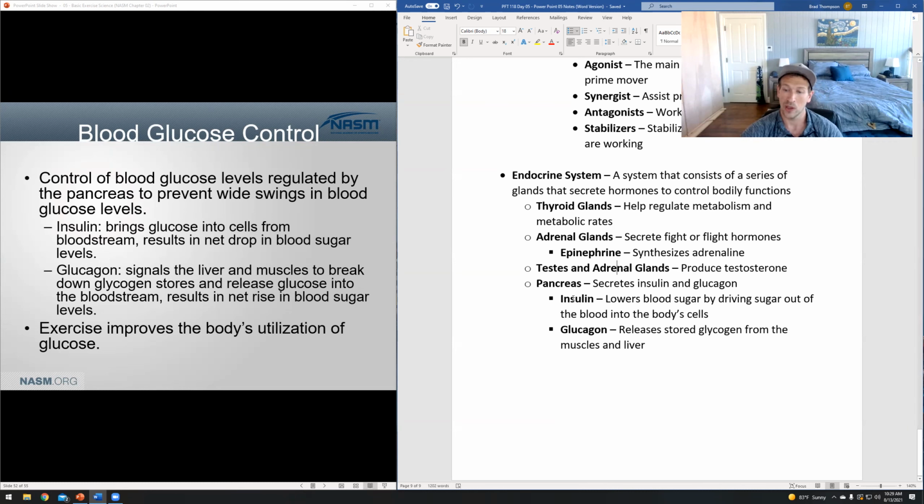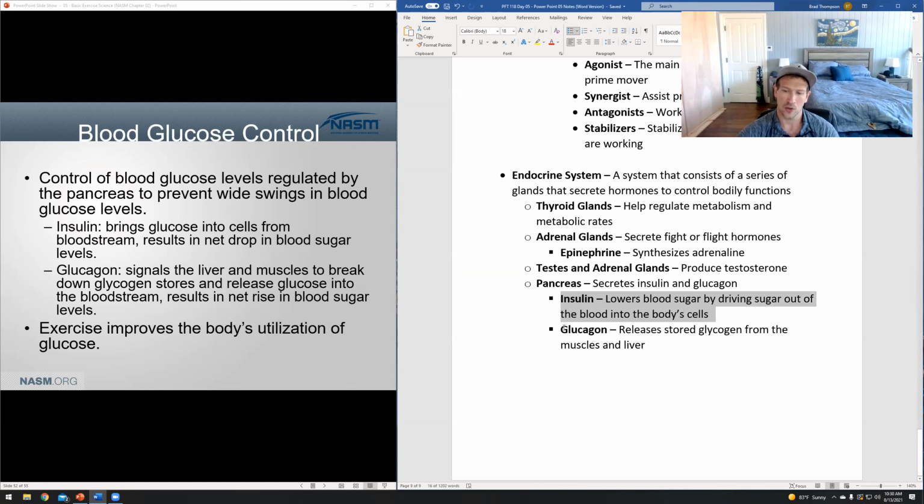And so insulin will lower your blood sugar because we want to have our blood sugar at normal levels. But if it gets way too high, that sugar starts interrupting other physiologic processes. Your body can't do other stuff. So we need to produce insulin to drive that sugar out of our blood and either turn it into glycogen and store it for later or convert it into fat and store it for later.